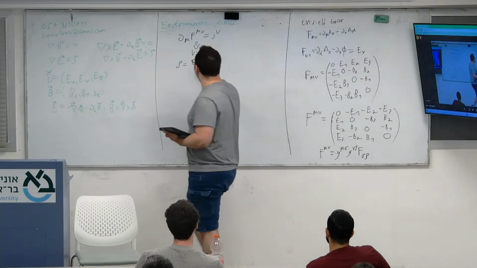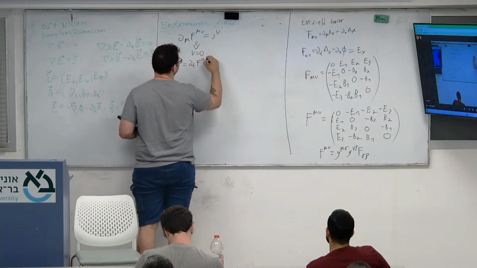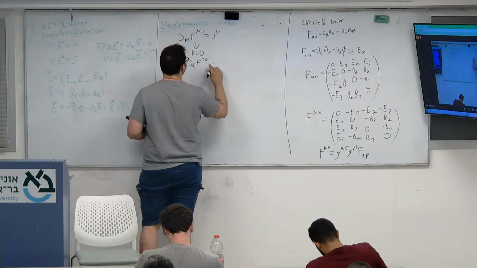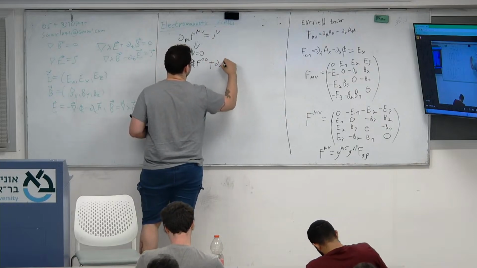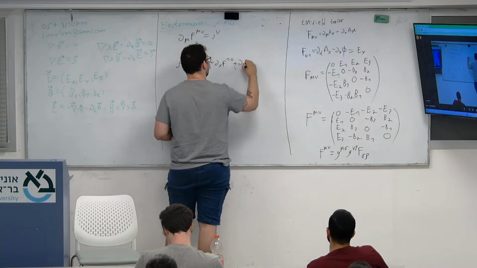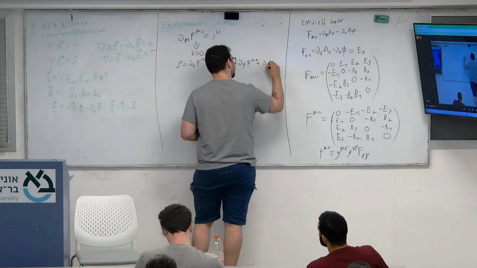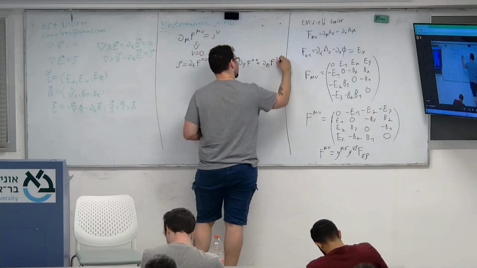So we need dou t F00 plus dou x F10 plus dou y F20 plus dou z F30.